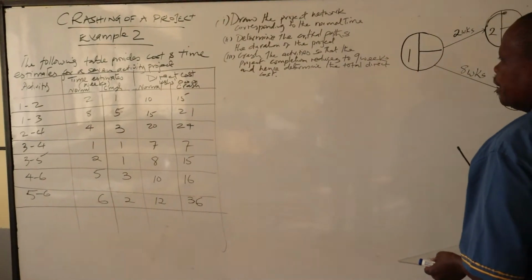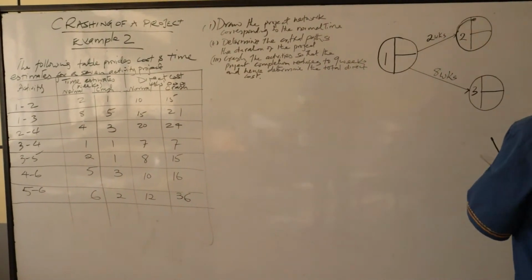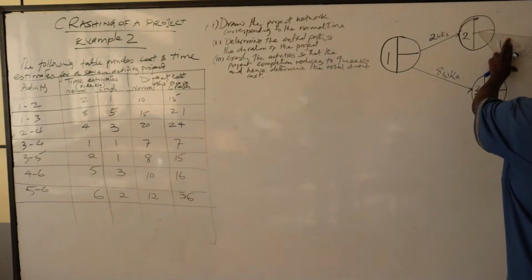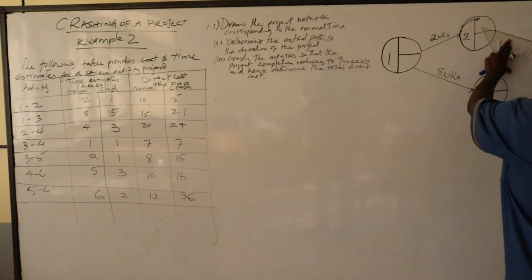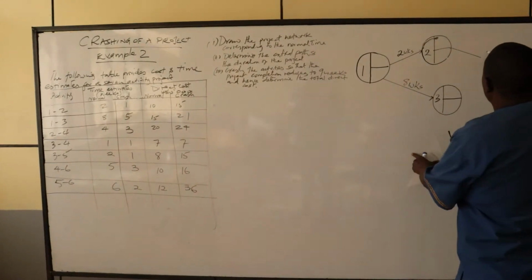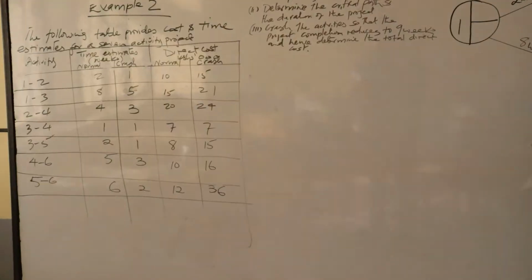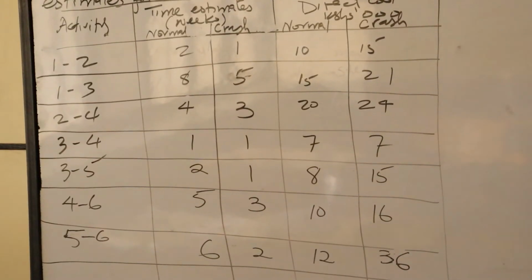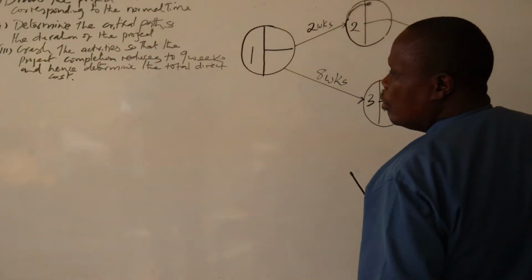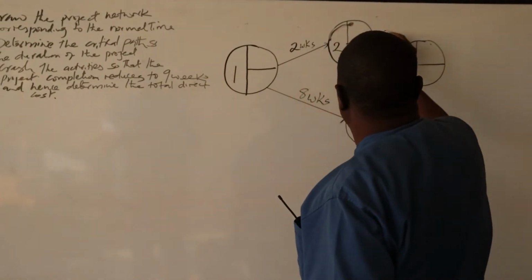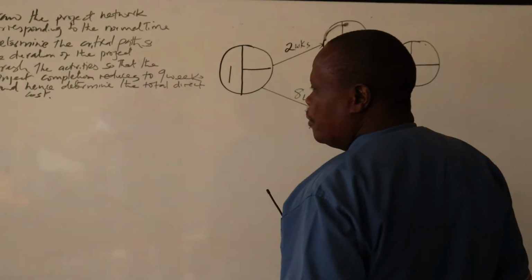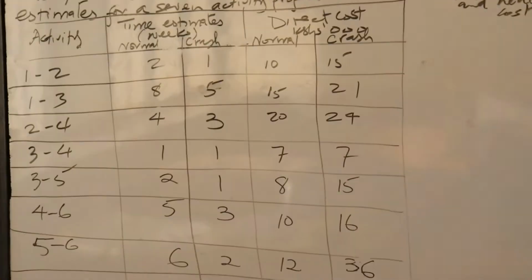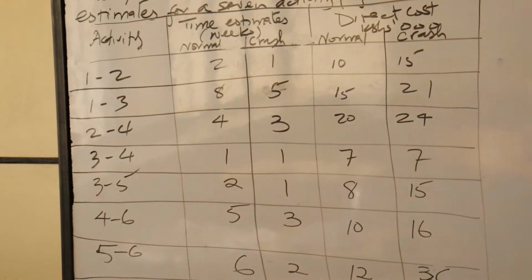Then 2 to 4 has a duration of 4 weeks. That is the normal duration. Then 3 to 4 has a duration of 1 week.